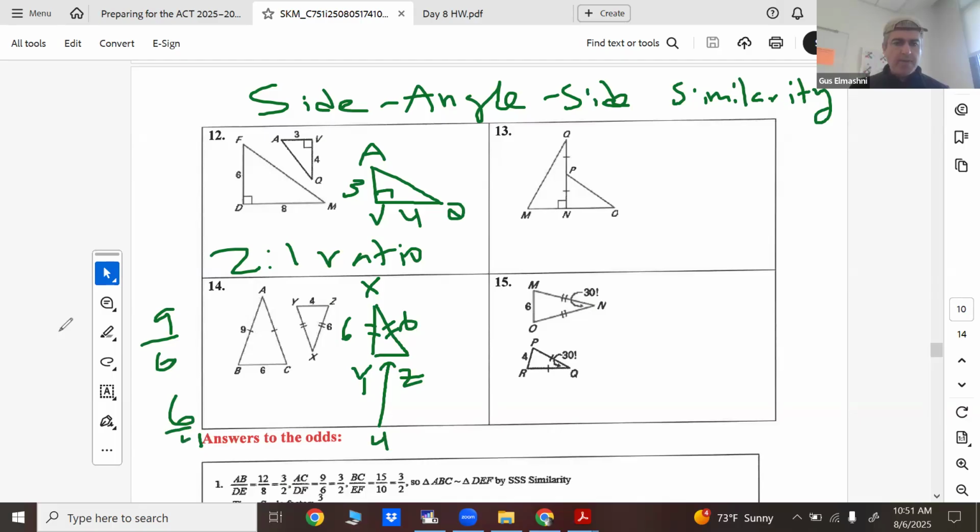Because these have to line up, and these line up. Oh, cool, we got all done. Good timing. So you could say that's a 3:2 ratio, and that triangle ABC is similar to triangle XYZ.